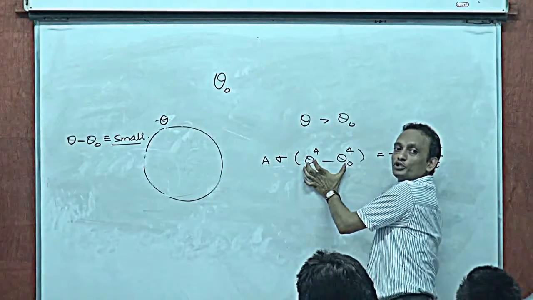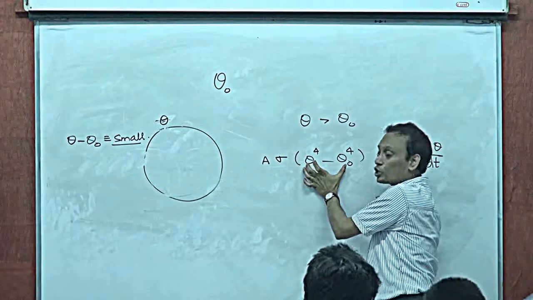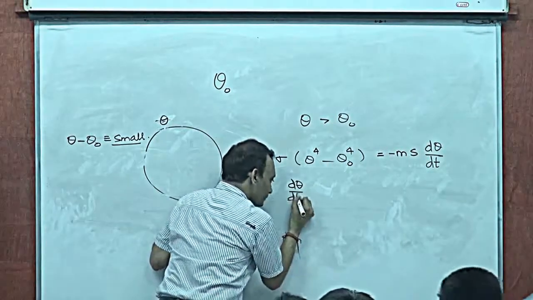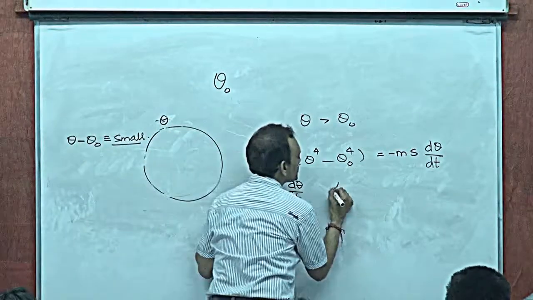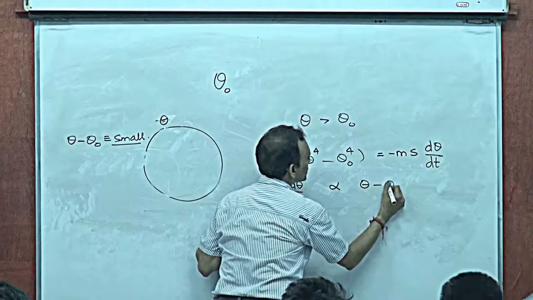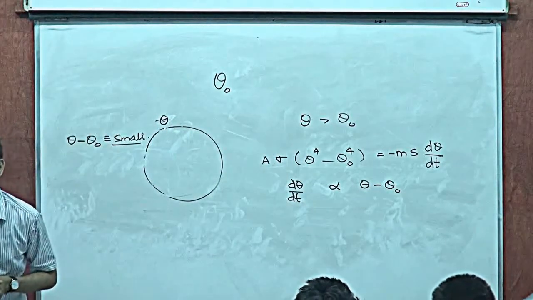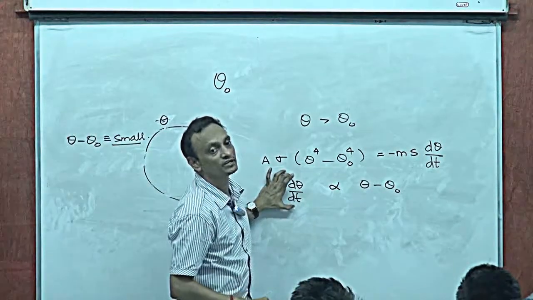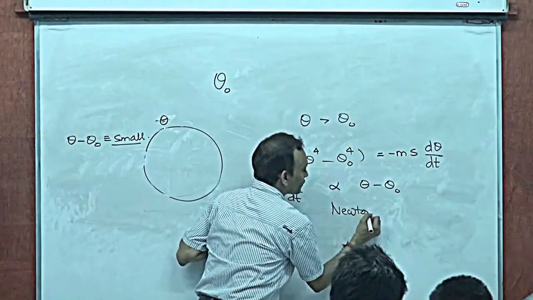If theta minus theta naught is very small, then d theta by dt, the rate at which cooling occurs, will almost be proportional to theta minus theta naught. If the difference between the body and the surroundings is not very large, then this essentially is Newton's law of cooling.